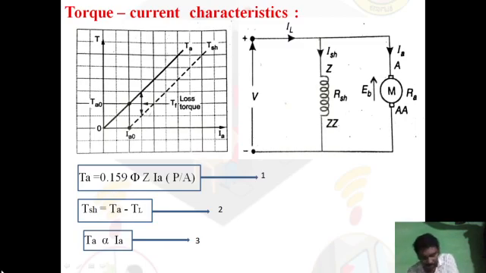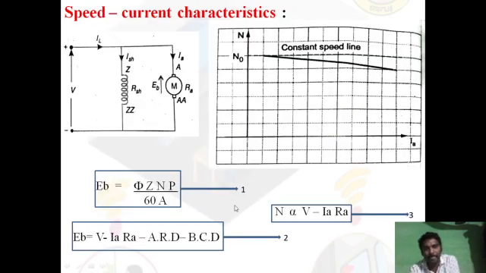So based on these ideas, let us move to the speed current characteristics of DC shunt motor. So here, in the previous slide we have seen, we need a mathematical equation representing the terms for the discussion.